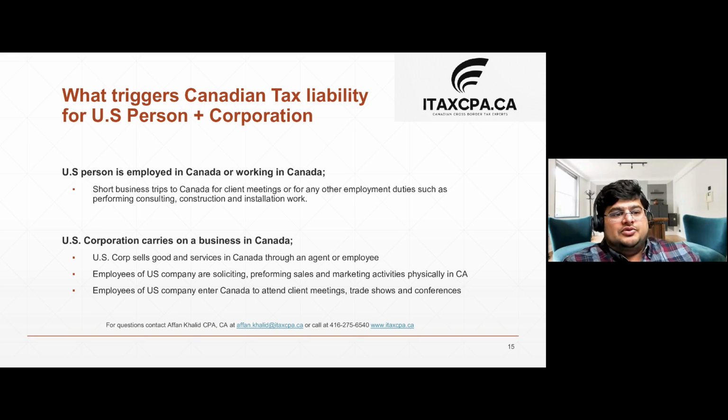So for a US employee coming into Canada on short business trips for client meetings or employment duties or consulting, construction, installation, whatever, the moment a US company has their employees on the ground in Canada, they've crossed the border, that's the trigger point.